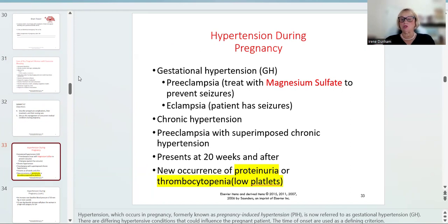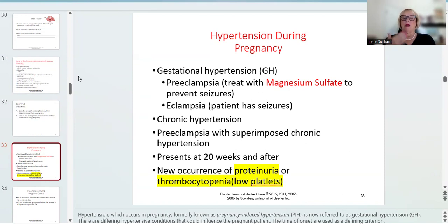Gestational hypertension. So you have preeclampsia. Now we treat with magnesium sulfate. We discussed this in the beginning of class today. It's great because it affects the central nervous system. So you're giving magnesium to prevent seizures.